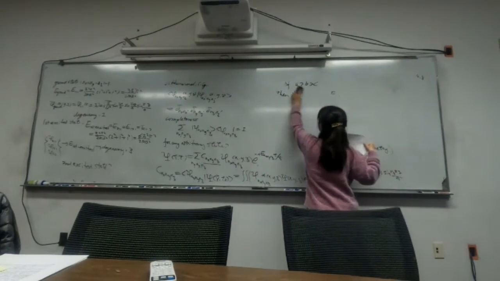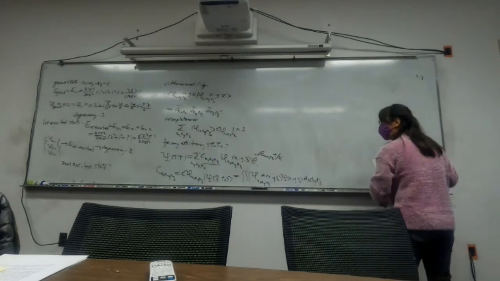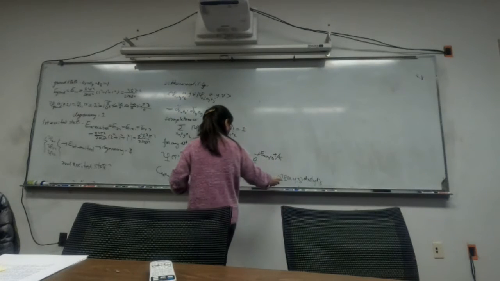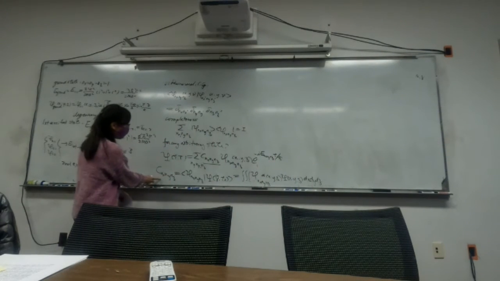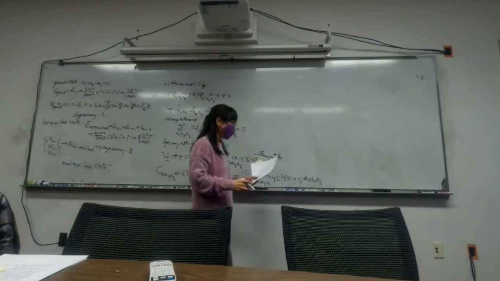If asked this question, you need to find this coefficient C, nx, ny, and nz. They give you the initial states, so you can give the wave function at any time resolution.